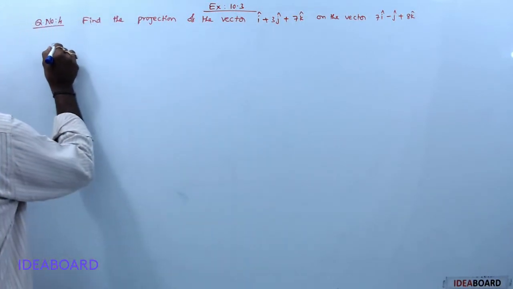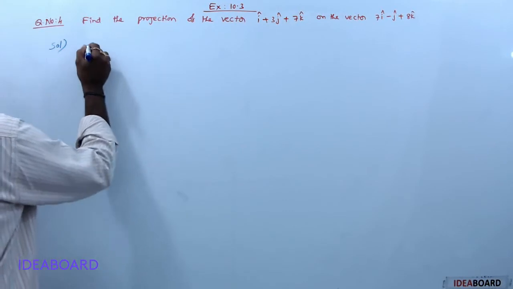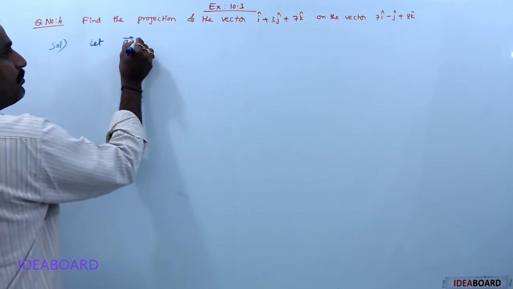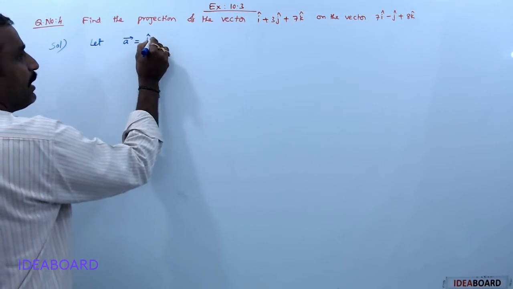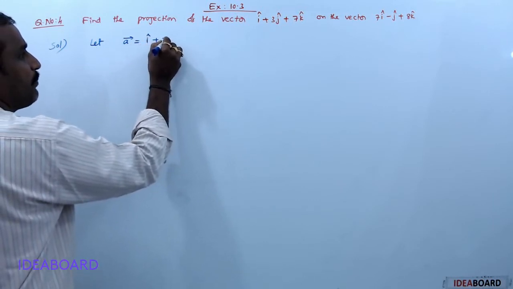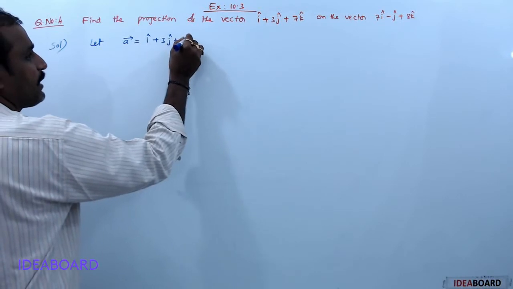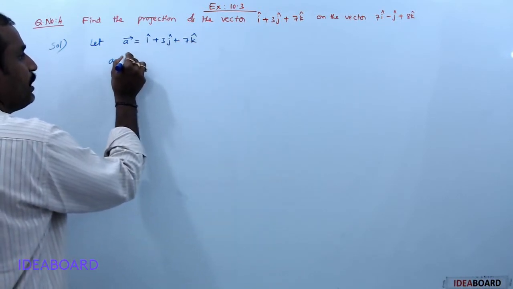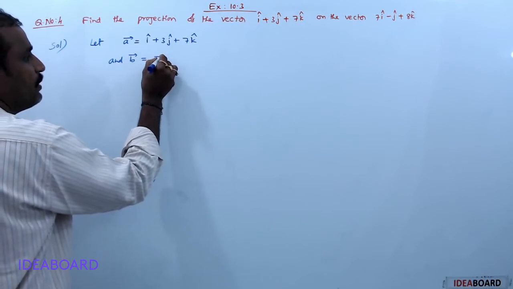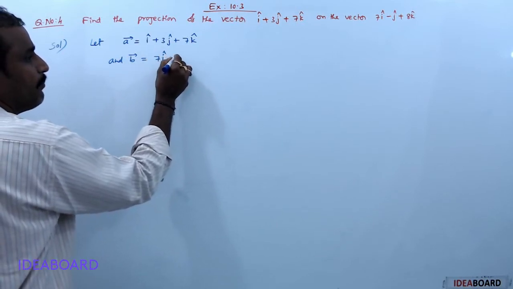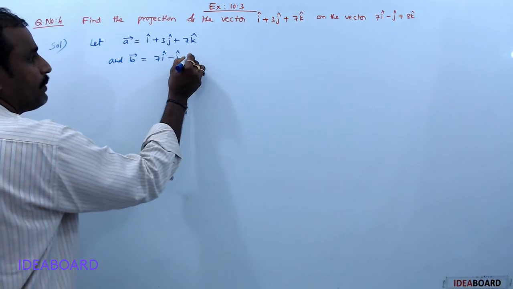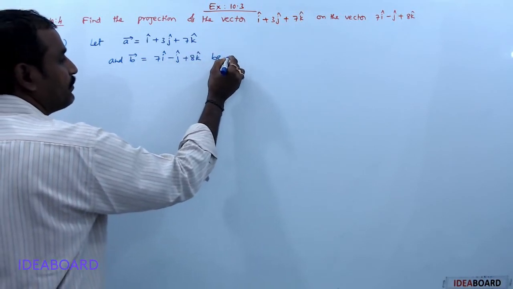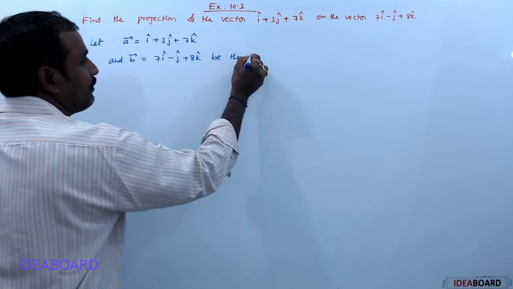Solution for this: let a bar is equal to i cap plus 3j cap plus 7k cap and b bar is equal to 7i cap minus j cap plus 8k cap, the two given vectors.